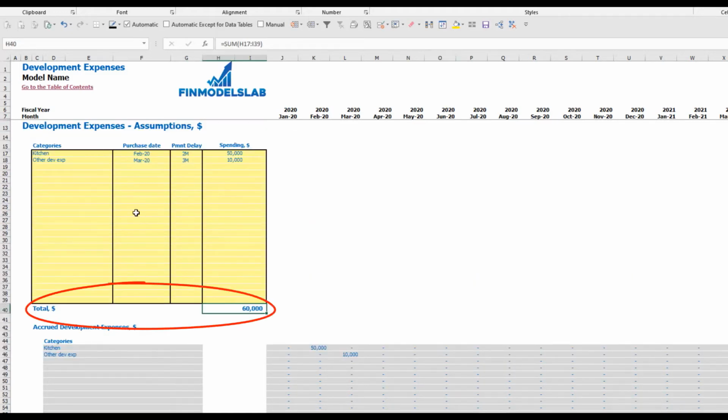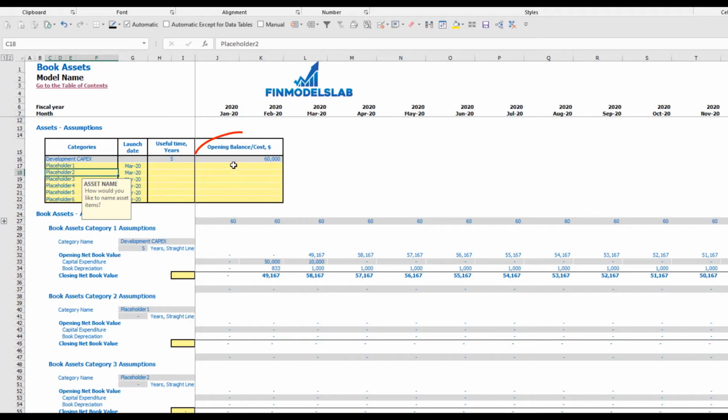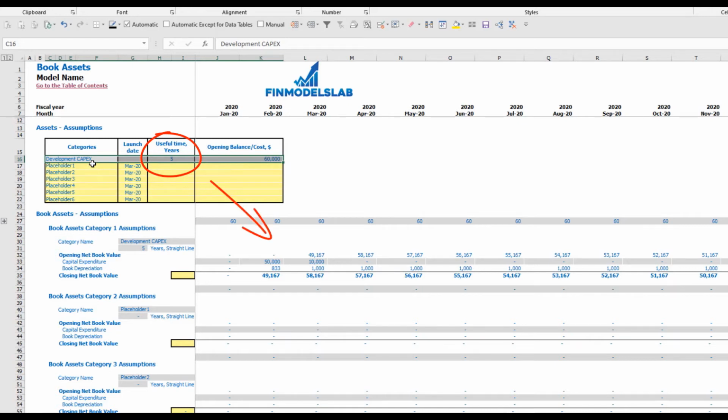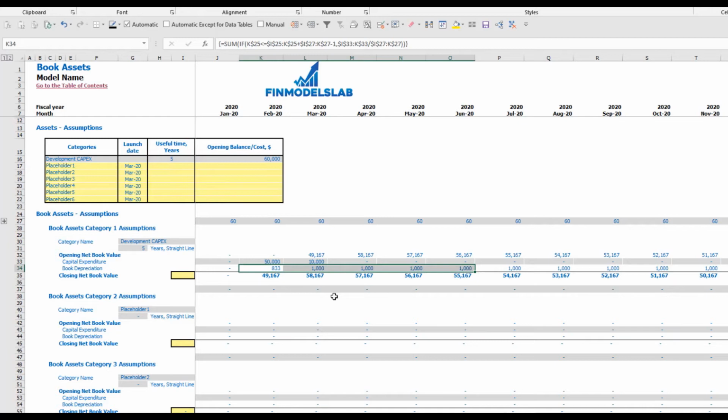The total amount of development expenses is connected to the assets tab. You may see it here. By default, the useful time for development CAPEX is 5 years, so you may see the calculation of depreciation and closing net book value.